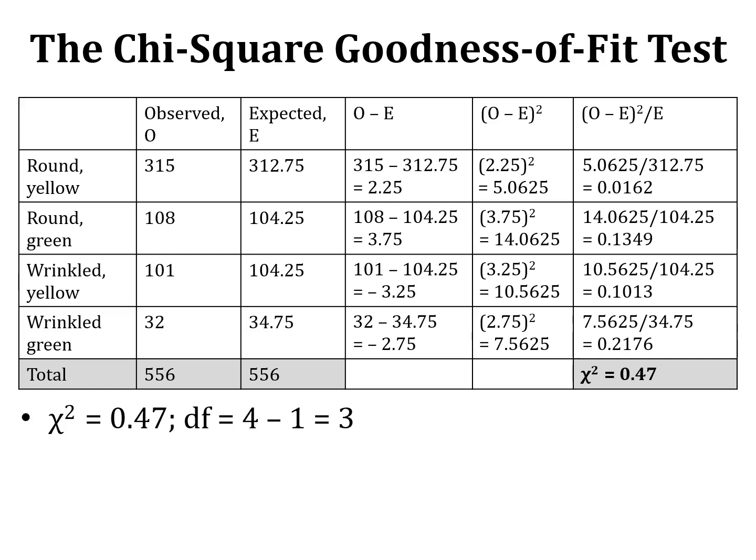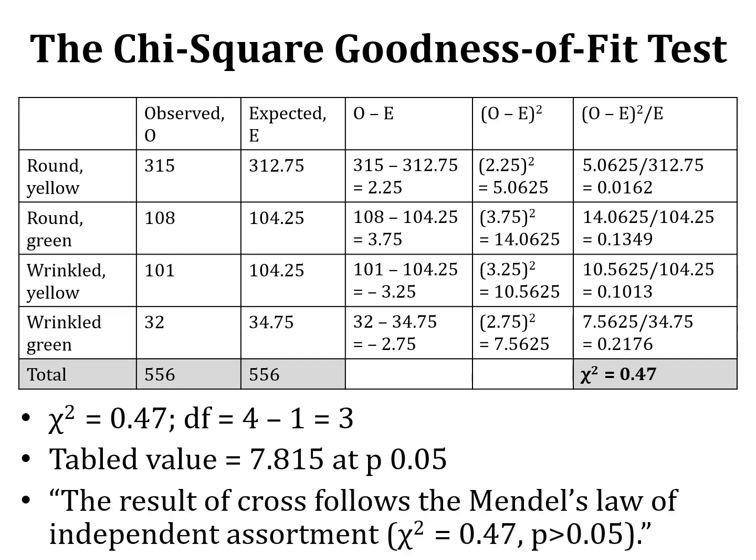So our degree of freedom is, because there are 4 classes, 3. The table value that we took from the table of chi-square distribution is 7.815 at probability of 0.05. And as we can see, our calculated value is less than the table value at probability 0.05, so we are going to accept the null hypothesis.